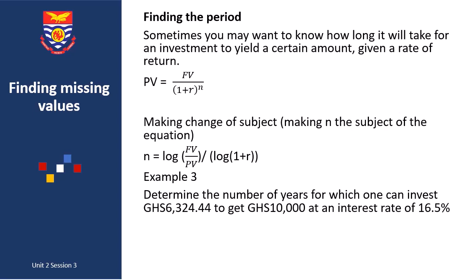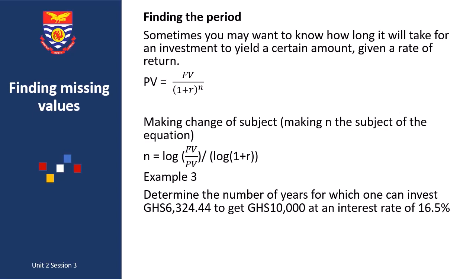So n will be equal to the log of future value over present value, all divided by log of 1 plus r. Log can be found on your calculator. You make substitution of the figures and you are good to go. Let's try with the same example to see if you are going to get the n figure.